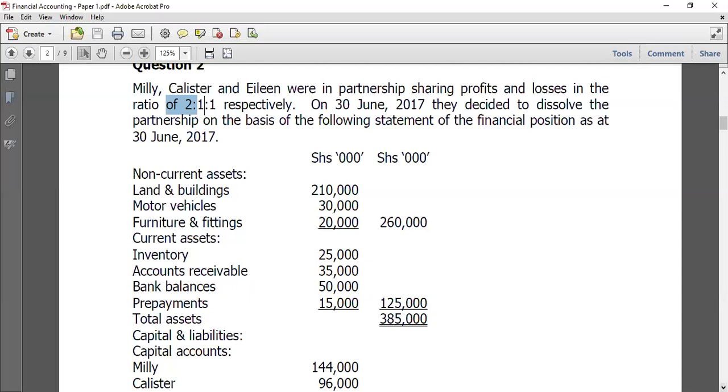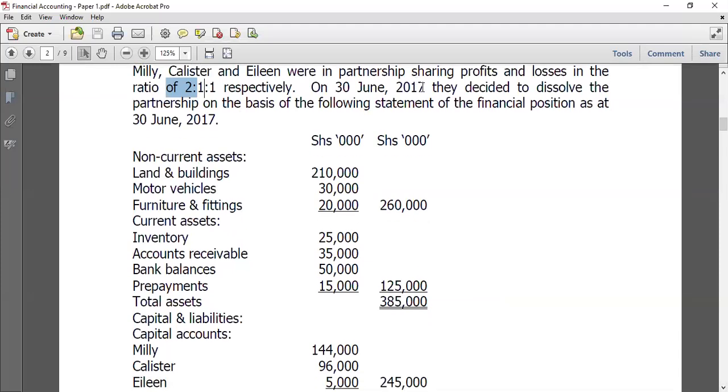On the date of dissolution, okay? And remember, the balance sheet date at the date of dissolution is 30th June 2017, when they actually decided to dissolve. So they are saying we use the last share of capital.